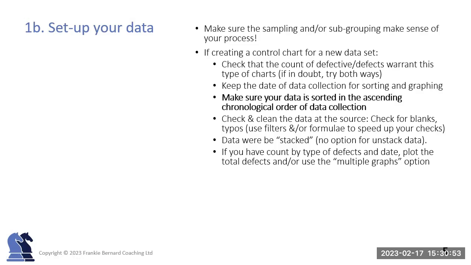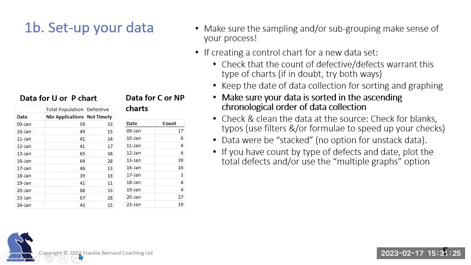And I have to warn you that unfortunately, when it comes to discrete control charts, Minitab will only accept stacked data at this stage. Maybe in a later version this will come through, but with the one I'm working on today, it's unfortunately not there. If, however, you have both your total defects or a breakdown of defects and you have a count still by date, there are options for you to create multiple graphs, which can be quite handy and minimize your rework.